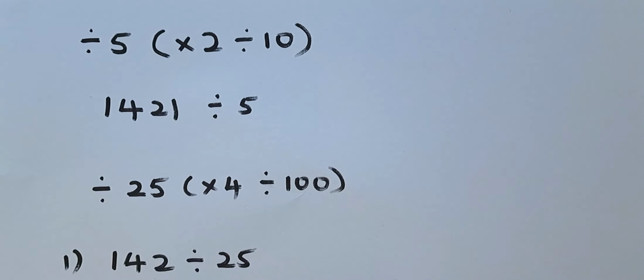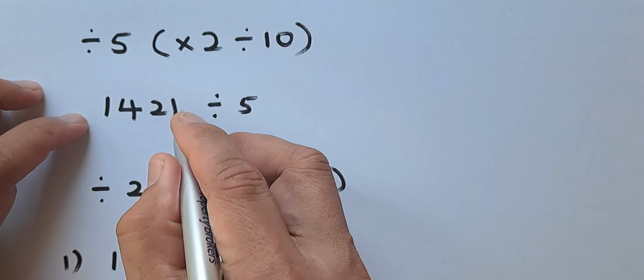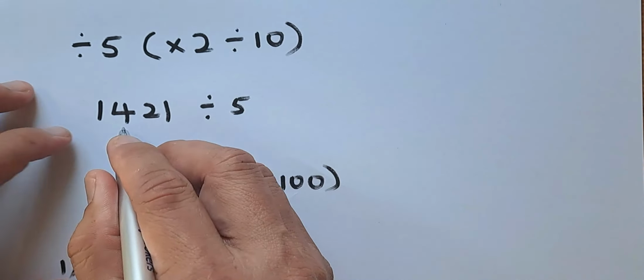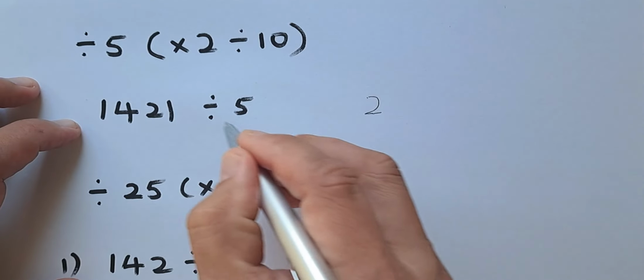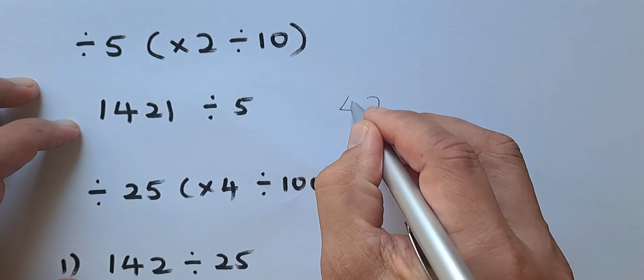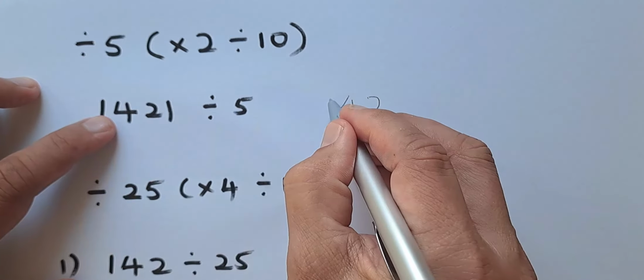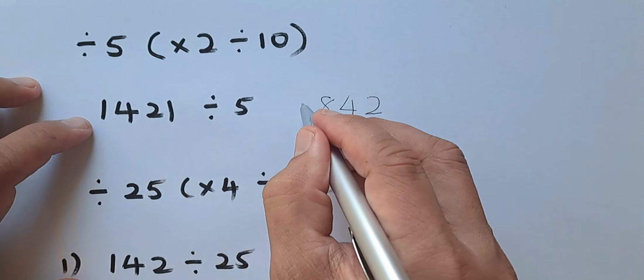So we shall recap how to divide 1421 divide by 5. The first step you do, you're going to double this number. When you double from the right to the left, 1 becomes a 2, 2 becomes a 4, 4 becomes an 8, and 1 becomes a 2.